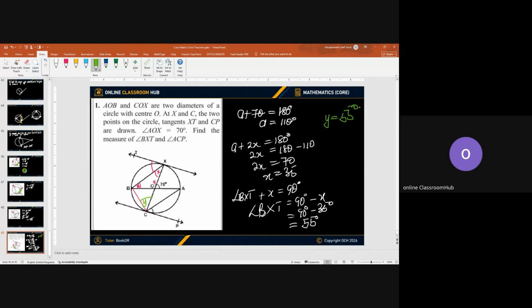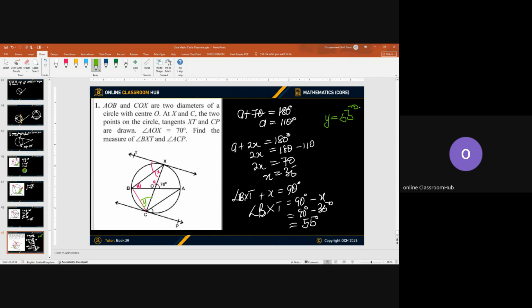The angle between a chord and a tangent, the first angle we found, is also 55. I am giving an alternative method of finding the BXT.